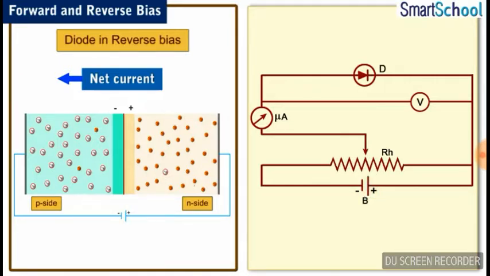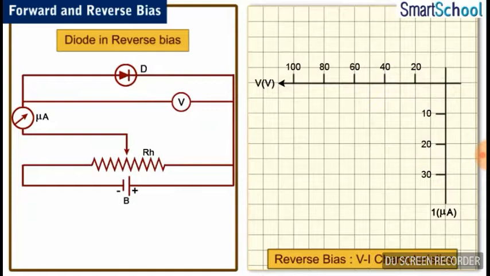The graph showing the variation of the current versus potential difference for a reverse biased diode is called its VI characteristics for reverse bias.